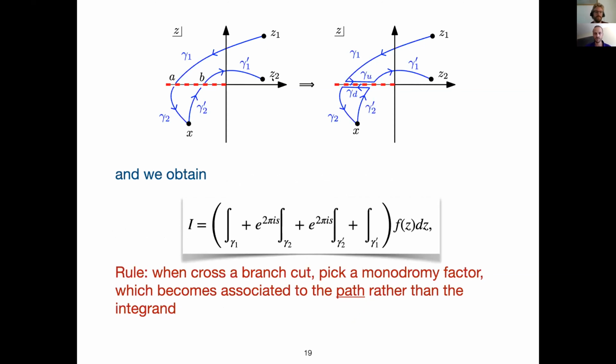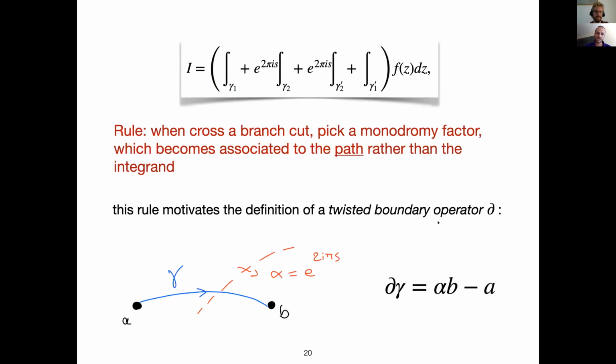I'm sorry if it was too obvious or I spent too much time, but it's actually just a way to get going with the following. So this rule motivates the definition of a twisted boundary operator, which acts in the following way. If you consider this path gamma that goes through a cut with this monodromy factor alpha, which should not be confused with alpha prime, I'm sorry, it's just the variable we used for these things.